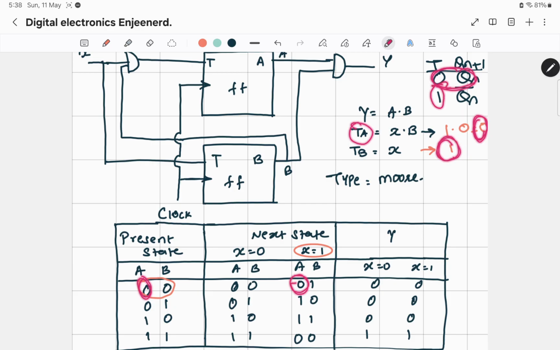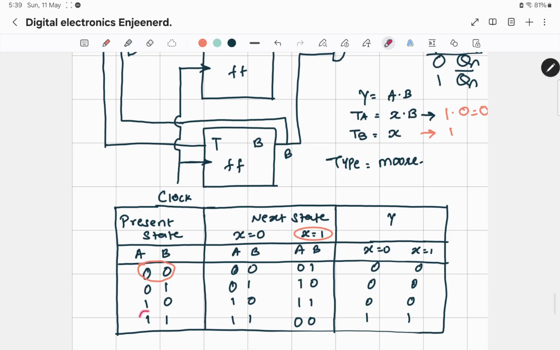So for 1, what is Qn plus 1? Qn bar. So if this is 0, my new B will be 1. I hope this is clear. And what is your Y? Y is A into B. This is calculated using the present state, which is 0 0. So of course this is going to be 0.